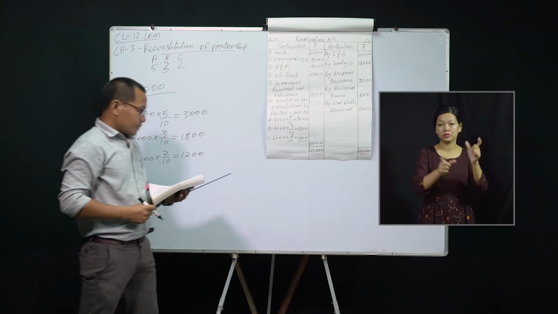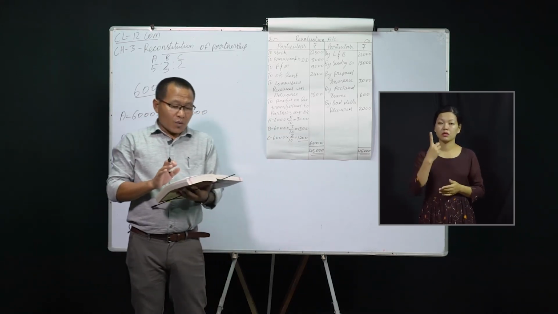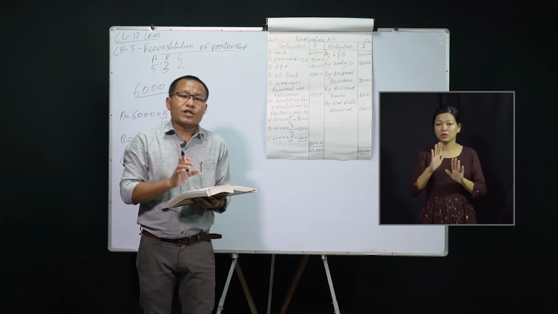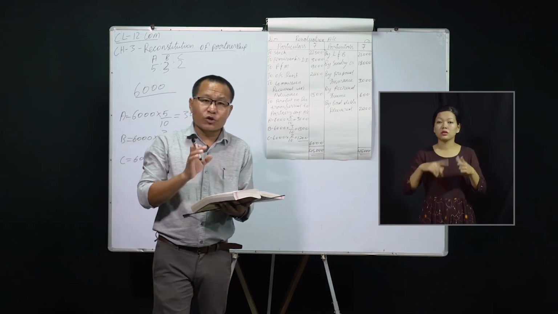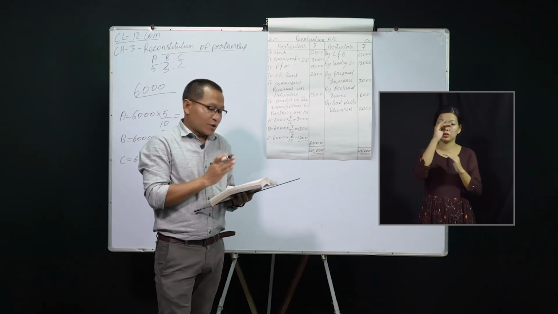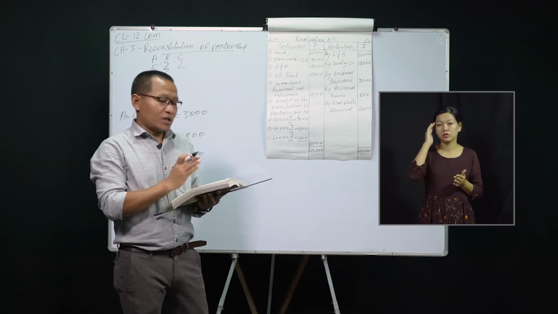So in this problem, you will have to ascertain first in the additional information whether there is an increase or decrease in the assets and liabilities. You will also have to understand the particulars, and which side this particular transaction has to go, whether it is on the asset side or the debit side.